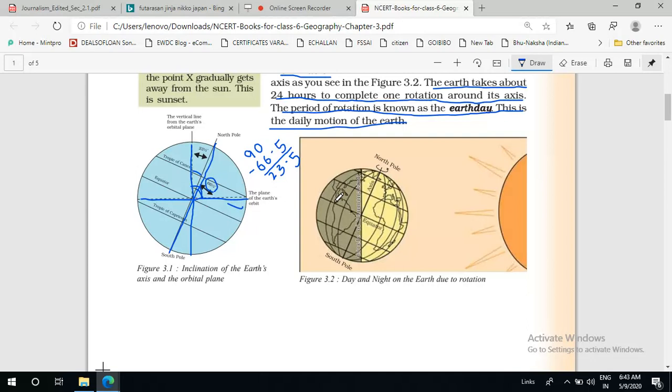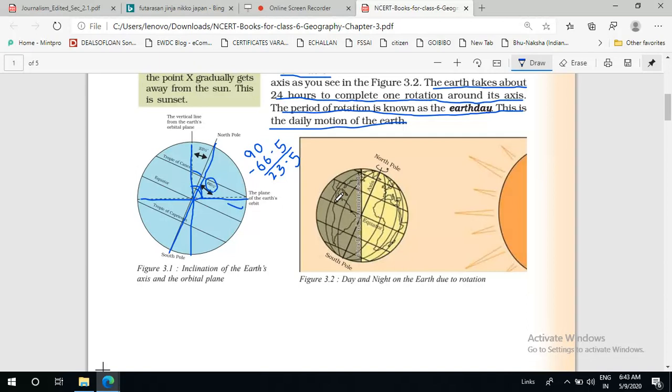So in this way the rotation of the earth takes place, and every part of the globe experiences some daytime and some nighttime. Okay, so this is the effect of the rotation. This is the result of the rotation.